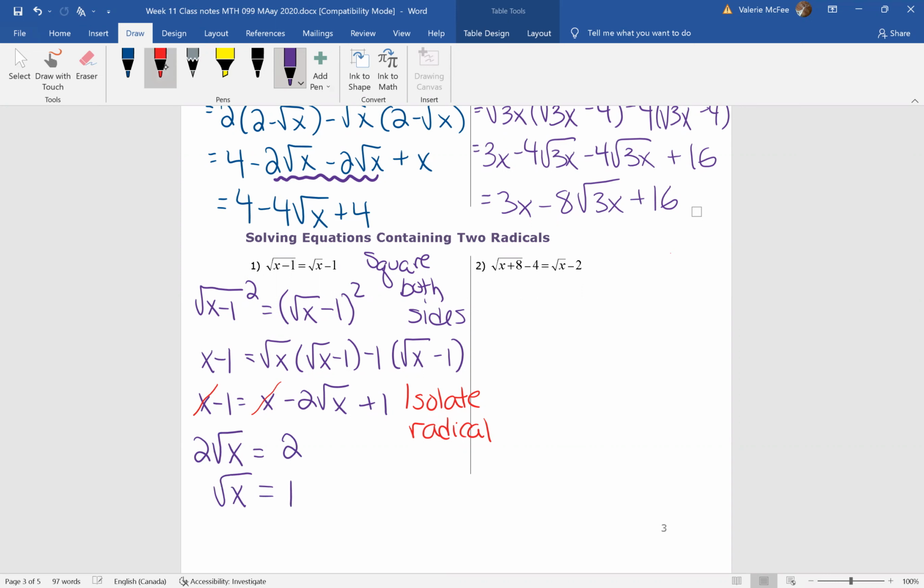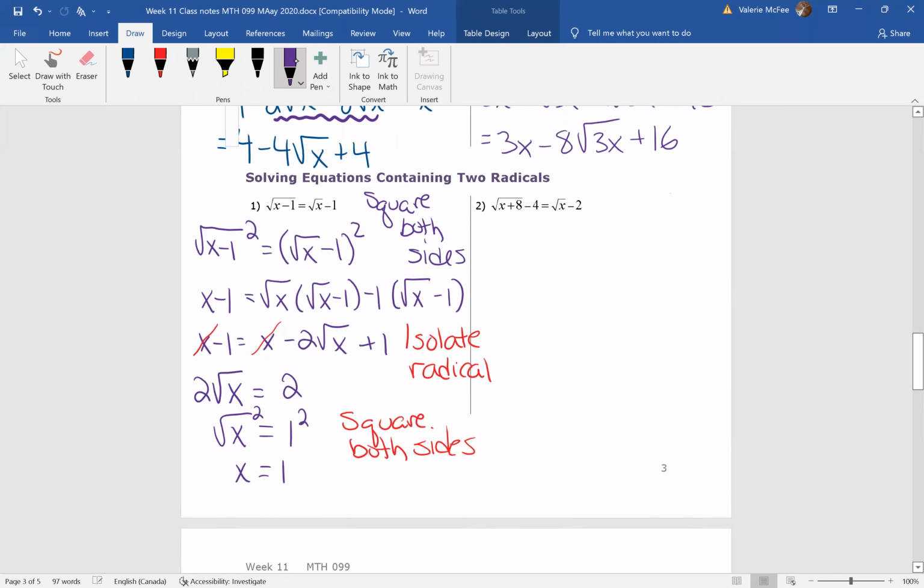And now square both sides. So whenever you have more than one radical, you're going to end up squaring both sides twice. And remember, just like for all radical equations, you have to check your solution.